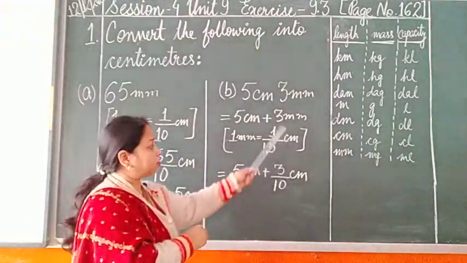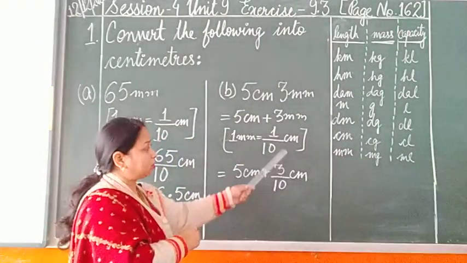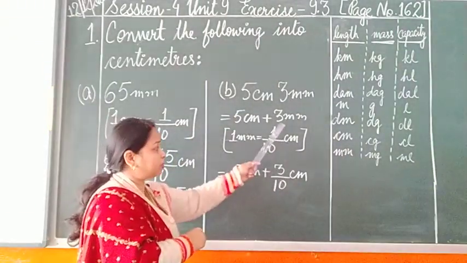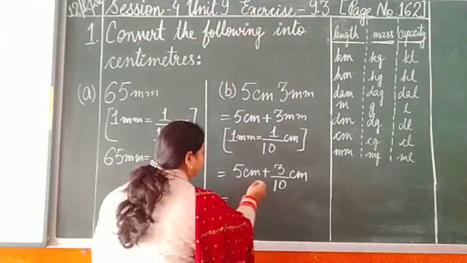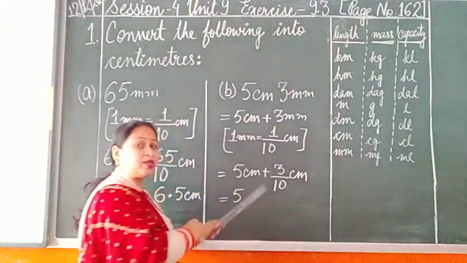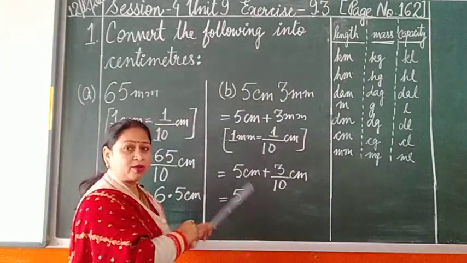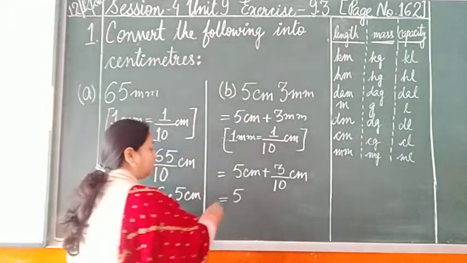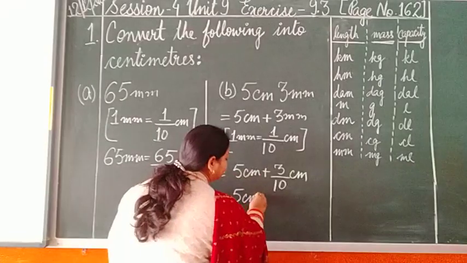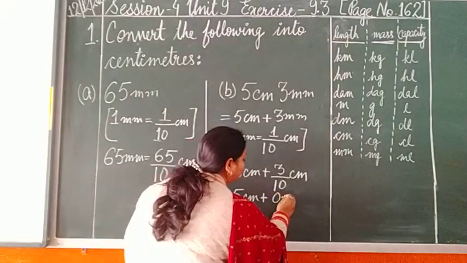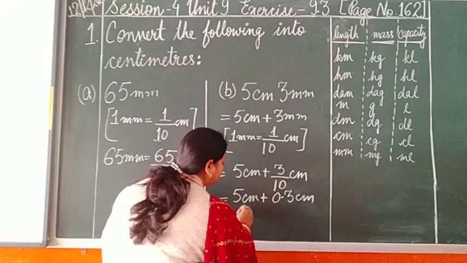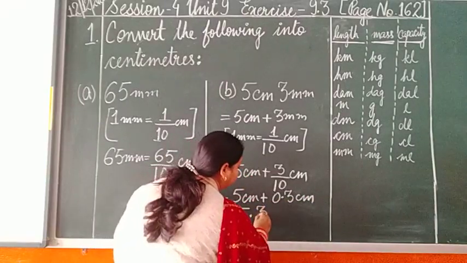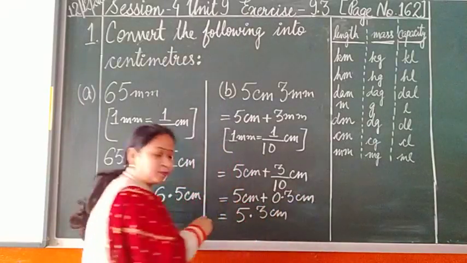The moment you show this conversion, the unit will change from millimeter to centimeter. And what is 3 upon 10? 3 upon 10 will be taken as 0.3. So this will be 5 centimeter plus 0.3 centimeter. So we can write this as 5.3 centimeter.